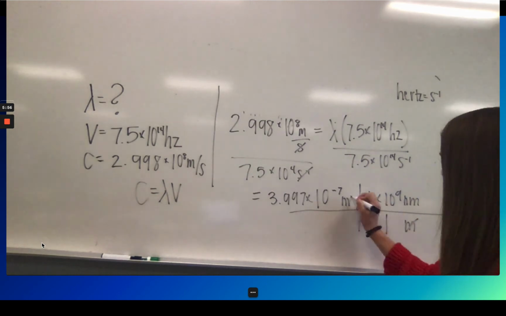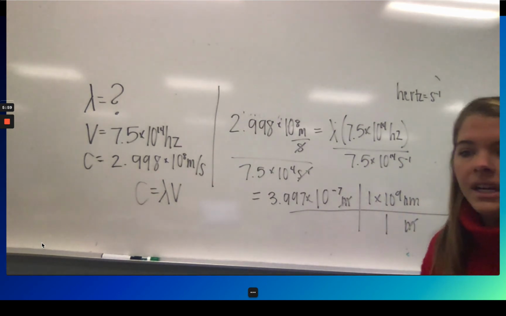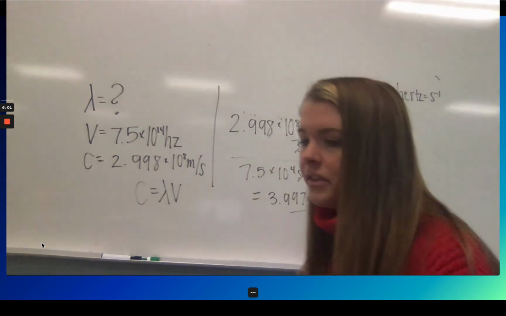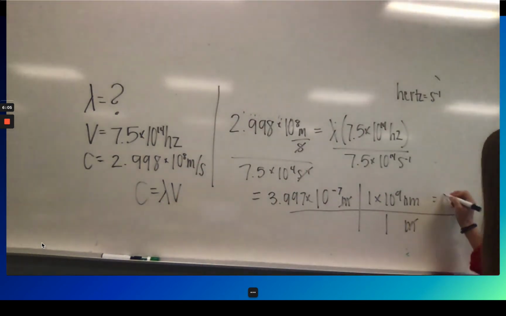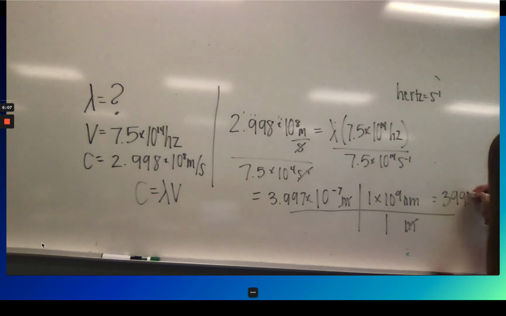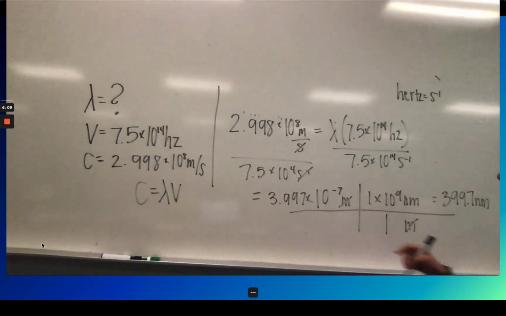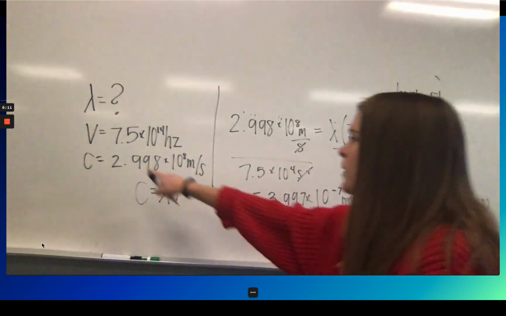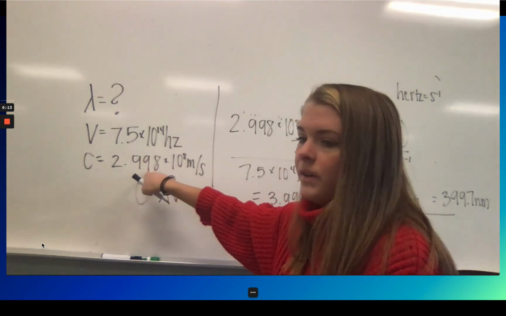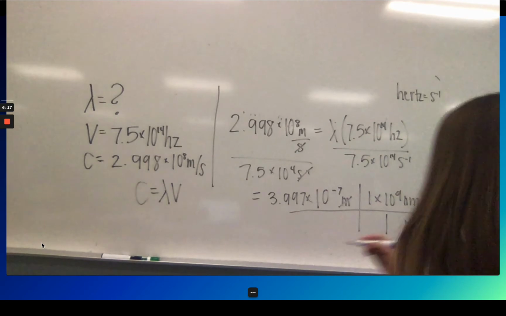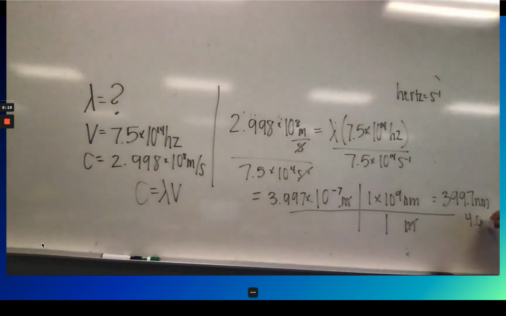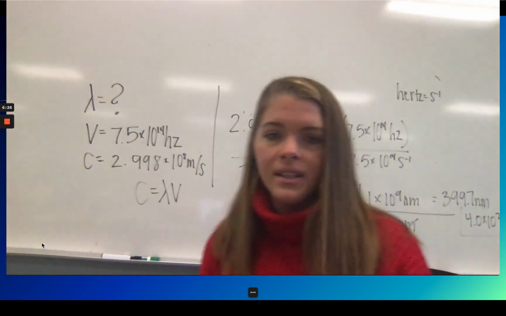We can cancel out our meters on top and bottom to get our final answer of 399.7 nanometers. And if we use sig figs, we started with 2 and 4. So we can use 2 sig figs, so we can round that to 4.0 times 10 to the 2 nanometers as our final answer, or 400 nanometers.